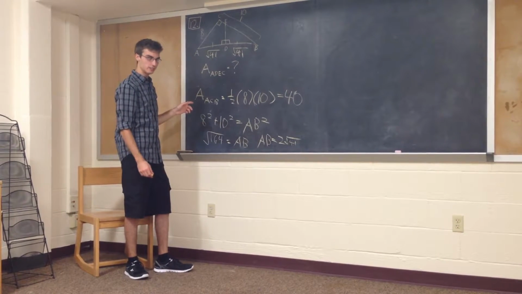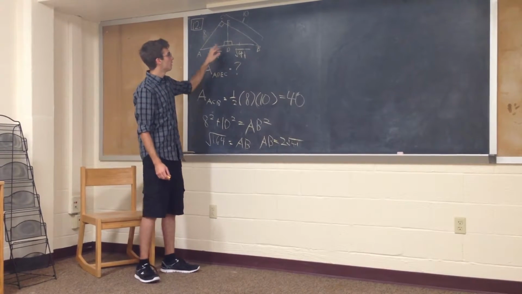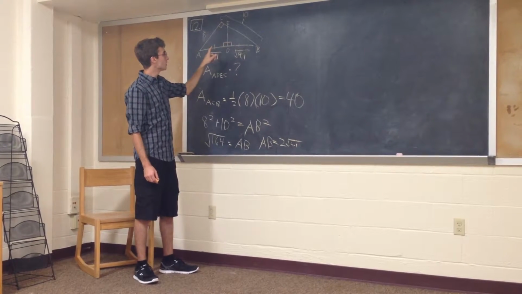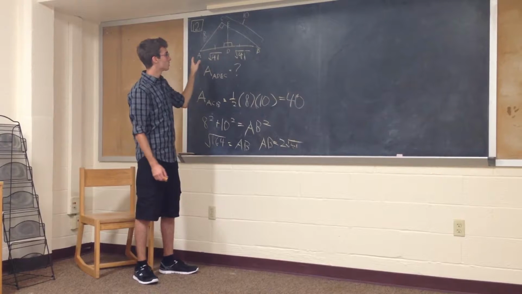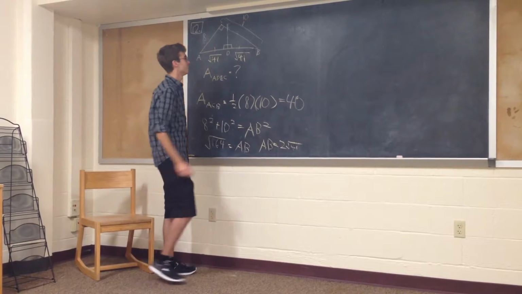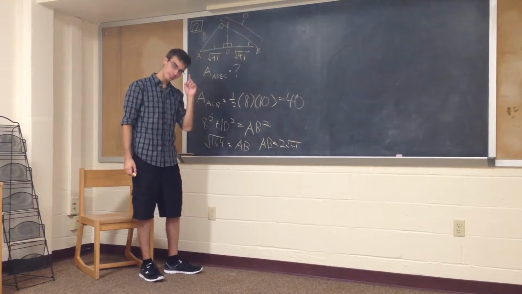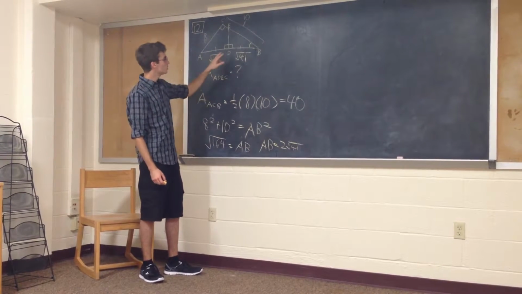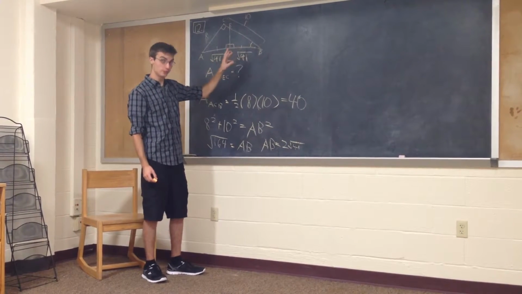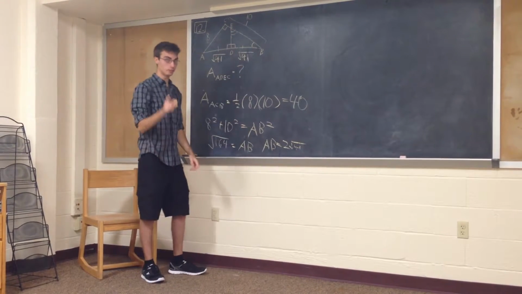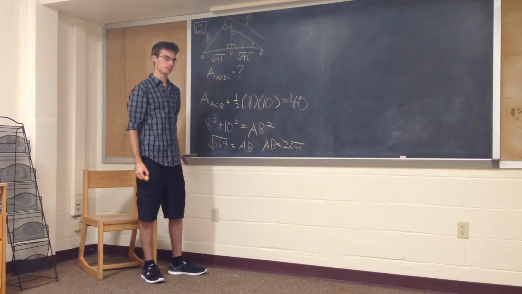Using geometry here, you might notice, hey, this is a right angle, and this is a right angle. Another thing these two triangles have in common is they share this angle B. And if you remember the angle-angle theorem, if two triangles have the same measure for two angles, they also have the same measure for their third angle, and that means they're similar triangles.